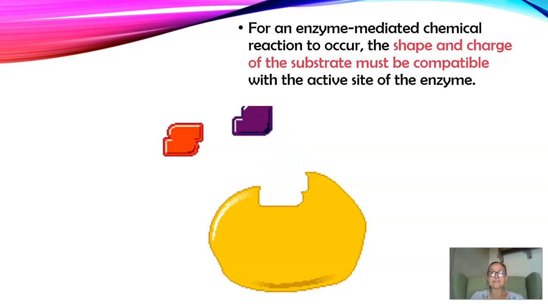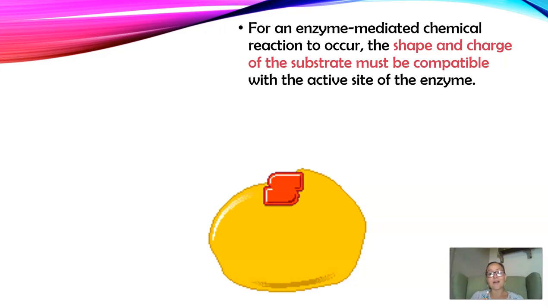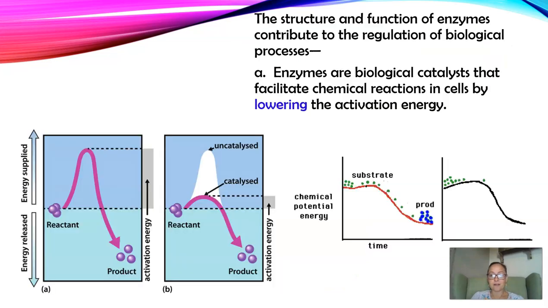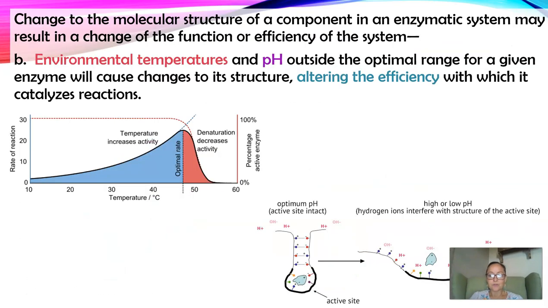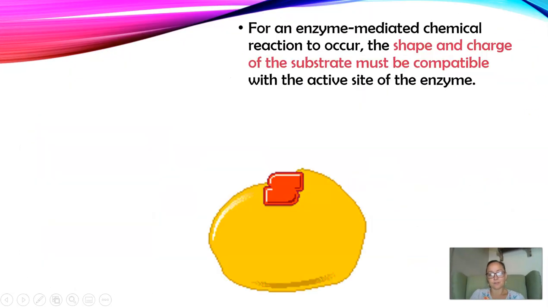But really, it's that the shape and the charge of the enzyme and the substrate are compatible. The charges of the amino acids that line the active site should be chemically compatible with the substrate.